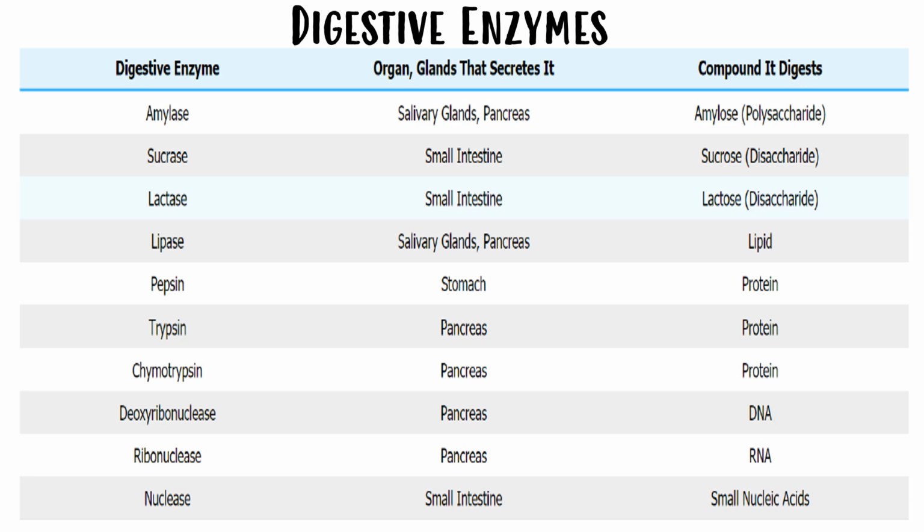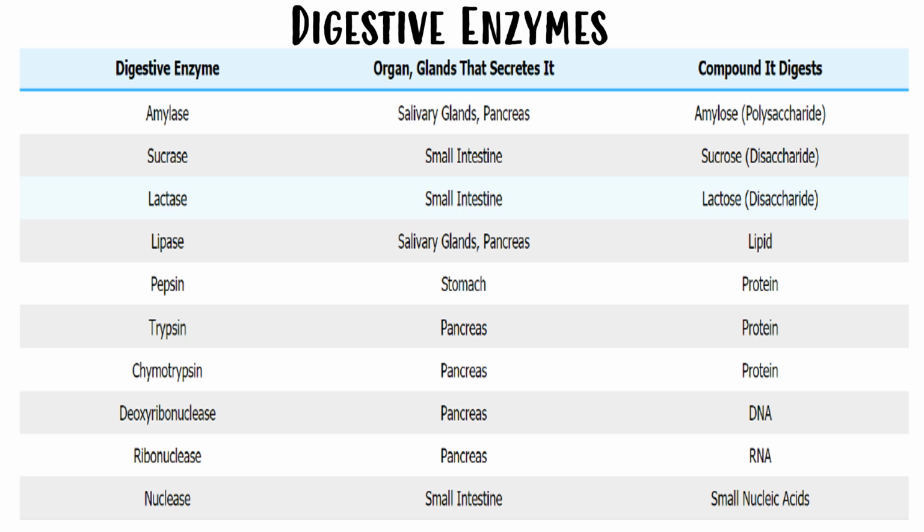Okay, the amylase from the salivary glands or the pancreas digests amylose, or the polysaccharide, while the sucrase, an enzyme produced by the small intestine, digests sucrose, while the lactase, as well, is produced by the small intestine and digests lactose. And lipase from the salivary glands and pancreas digests lipids.